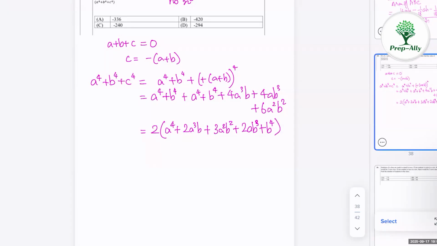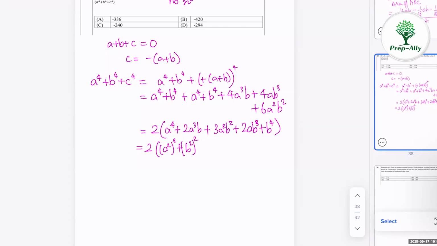And now, let's try to separate some terms. So now here we can write this as a power 4, or rather a square the whole square plus b square the whole square, and this 3a square b square can be split into two terms.